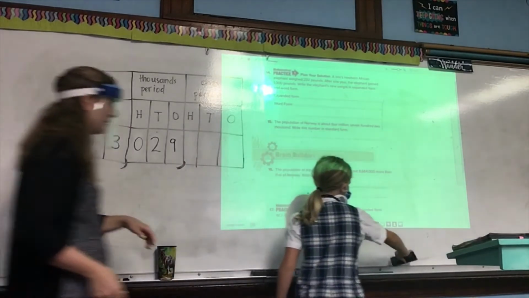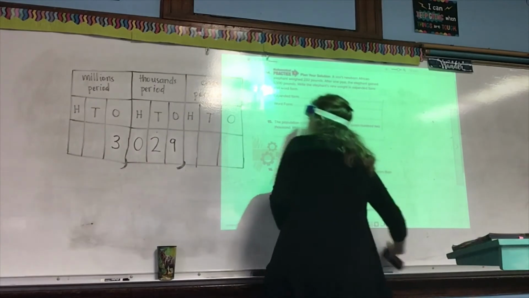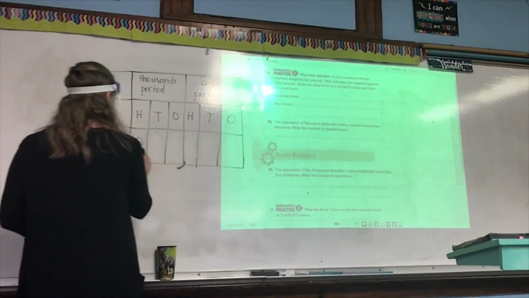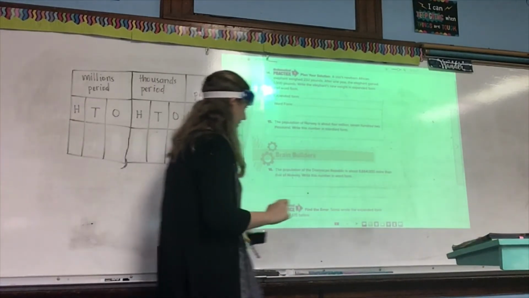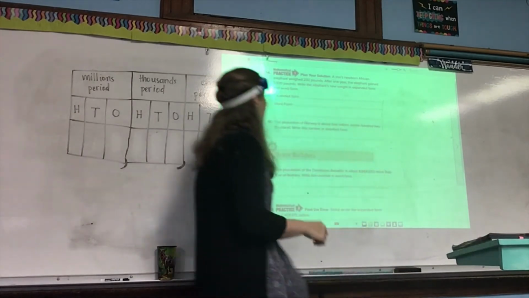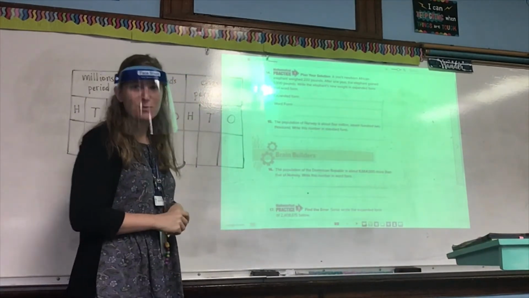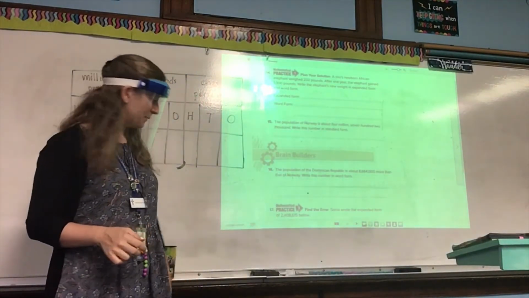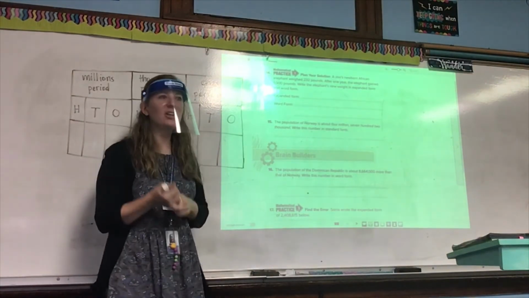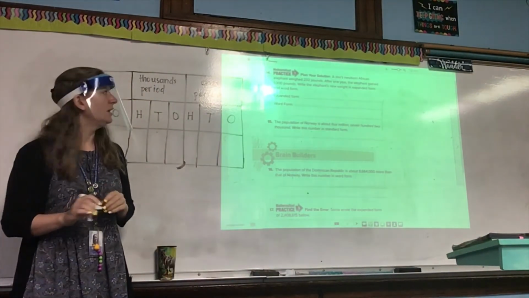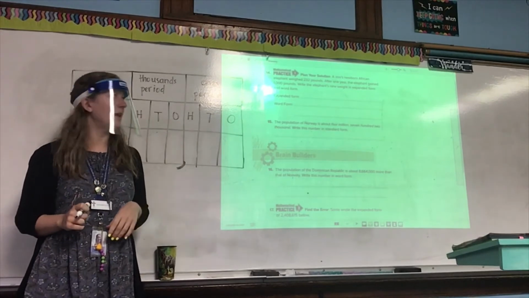We may not have time to get through it all, but we should be able to get through enough that you understand. Okay, number 14. This is where I saw quite a few mistakes because you did not look at the whole problem.